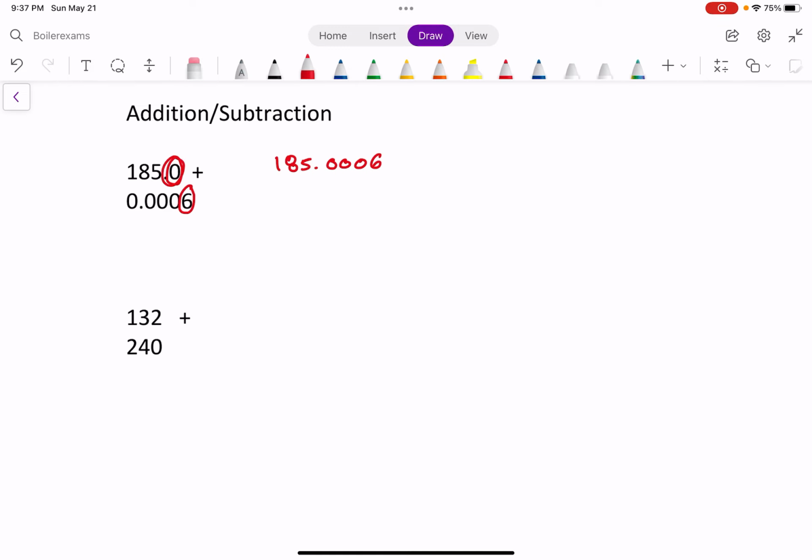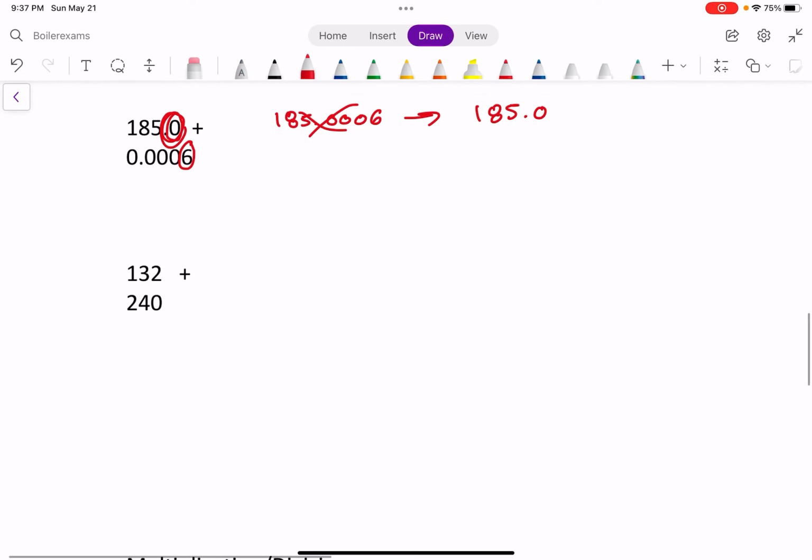This 0 is the less precise number. So therefore, we're going to round to the 10th position, to this decimal place right there. And if we round this, we're going to get 185.0. So then our answer there is 185.0.